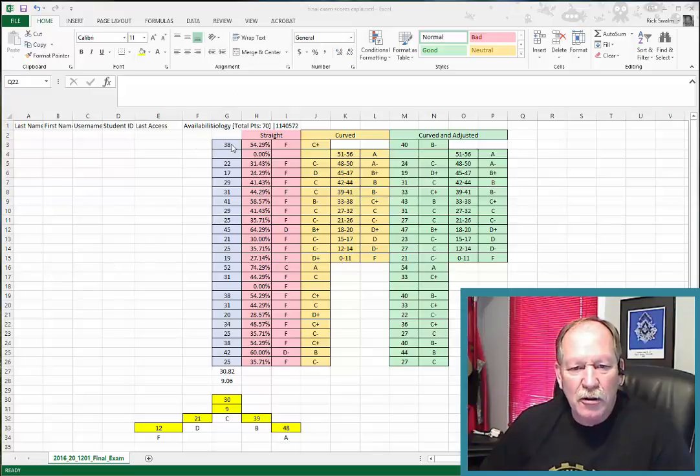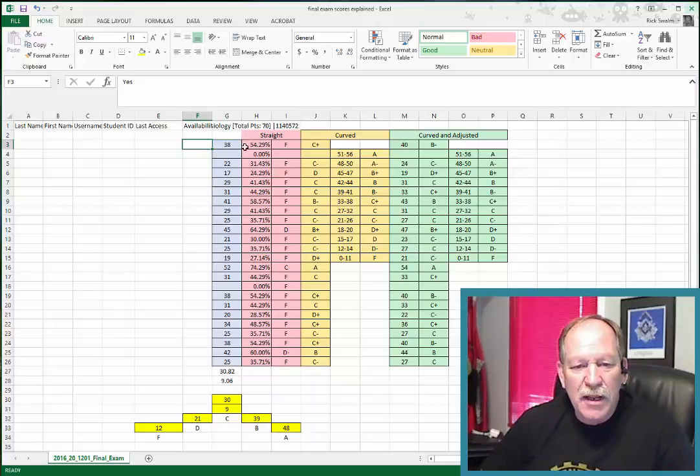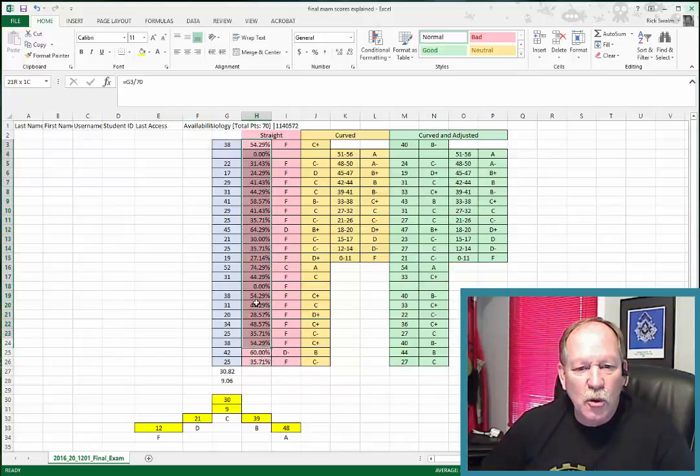The blue part here on the left-hand side are the raw scores of how people did on the exam. Next to that would be if I had used straight percentage, what that percentage for that relative score would be, and consequently what that grade would be based on that straight percentage.